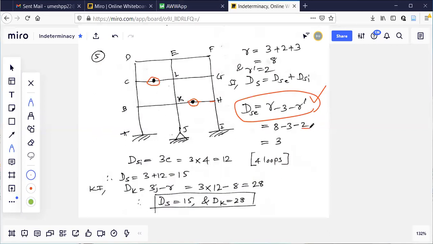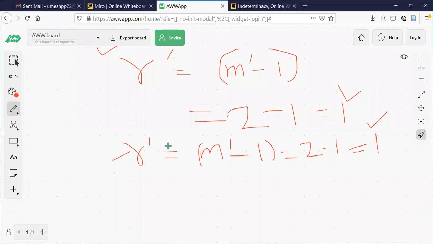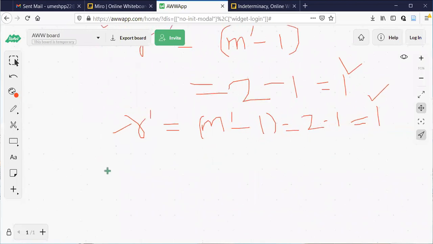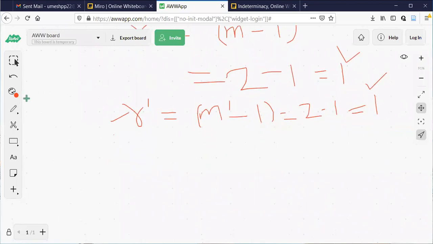Now I'll combine this formula, observe here. Instead of writing like this, I'll combine it. How it is combined, you observe here. R dash equal to sigma M dash minus 1.